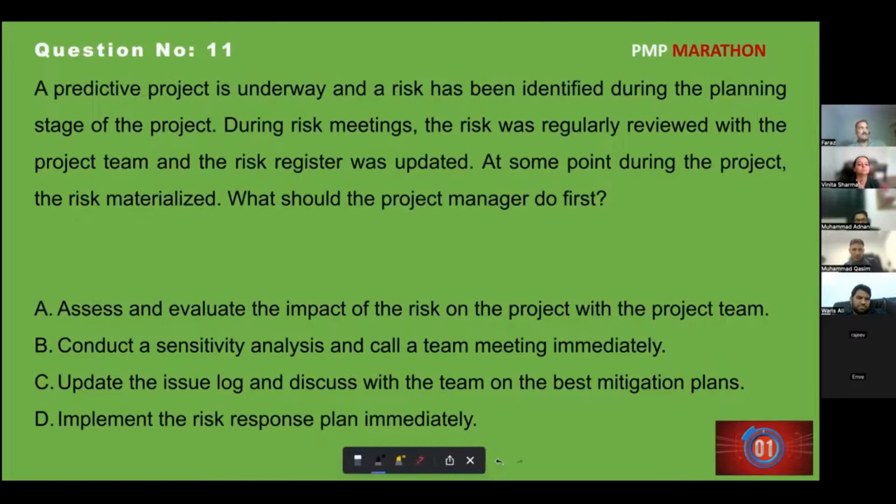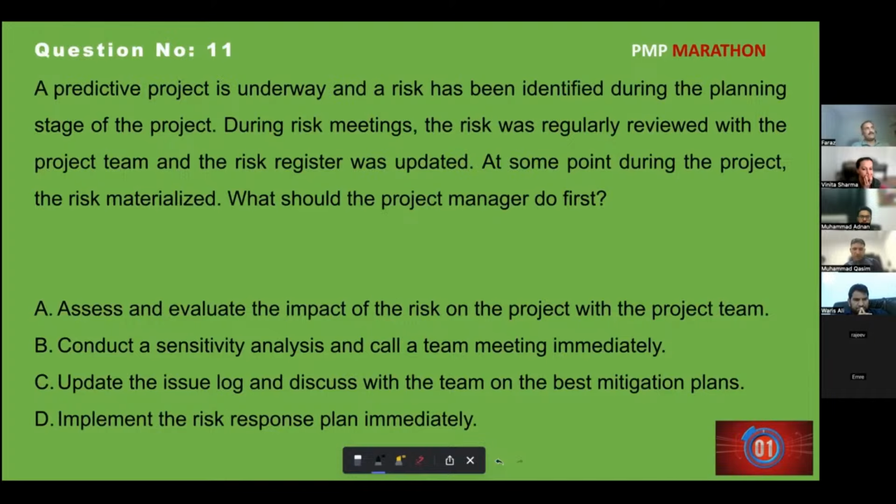I think it's not. Option D, implement the risk response plan immediately. Actually, in this question, they are in the planning stage. The risk is identified. So I go with option A.